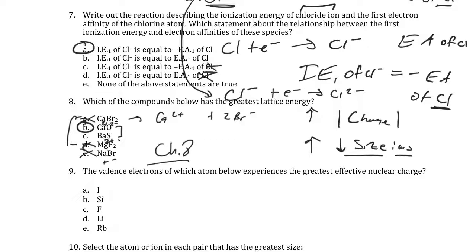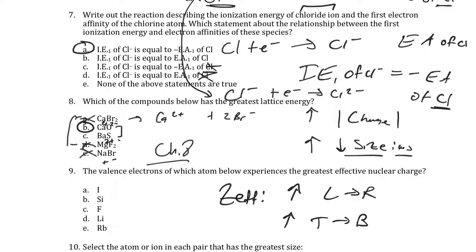The valence electrons of which atom experience the greatest effective charge? So effective nuclear charge increases from left to right. This is why we get the decrease in size. And then we actually get a slight increase from top to bottom in the effective charge as the core electrons, as they're larger, are not shielding as much nuclear charge.